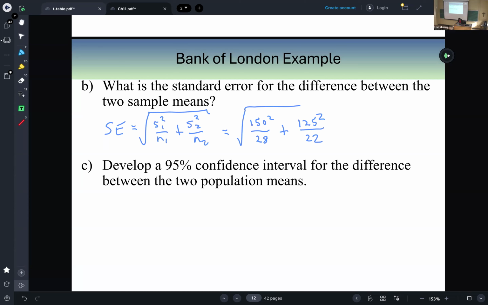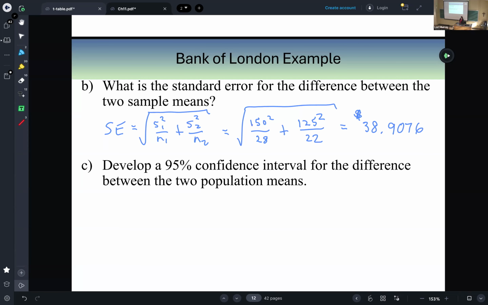Or if you're not sure why there's a value somewhere. Let's see, what do we get for the cash amount here? We should have a standard error in dollars. Yes, 38.9076, good. So $38.9076.